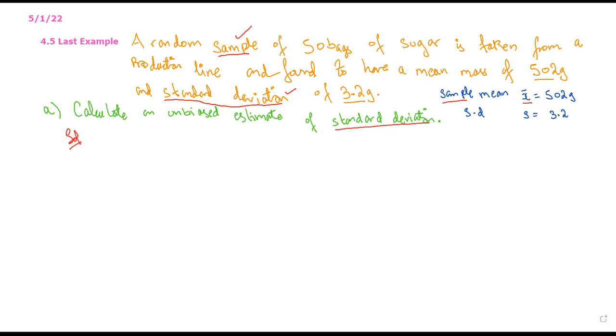All right, now let's just do it quickly. Again, we have been asked to find an unbiased estimate of standard deviation. After this much discussion, we know that this standard deviation is of the population. So without wasting any time, let's write down the formula, and I'll share the formula list with you just so you are clear with every formula.